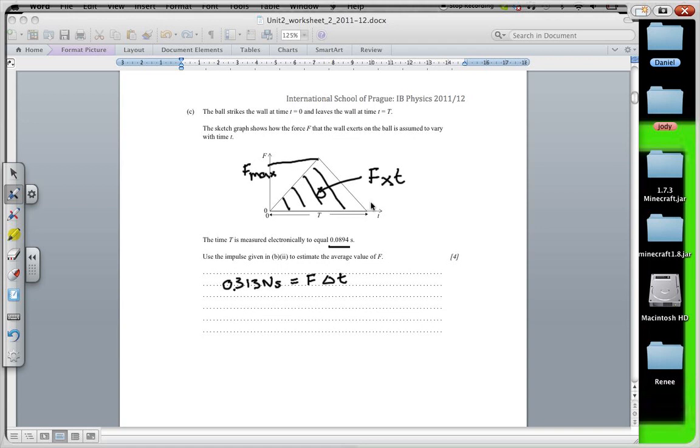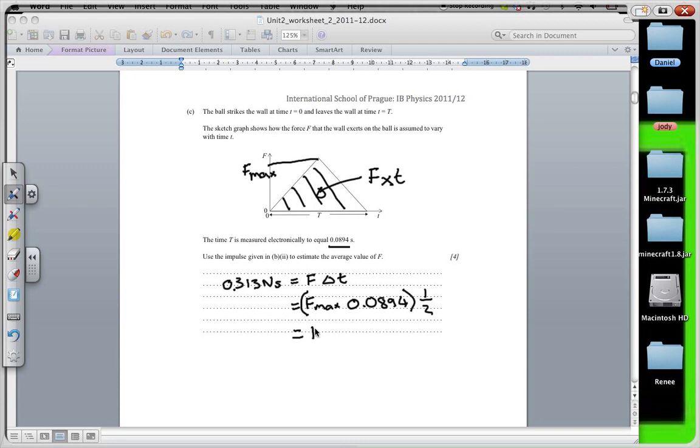So my F max times the time, 0.0894, we are going to times it by half, because it's a triangle, and the area of a triangle is half the base times the height.